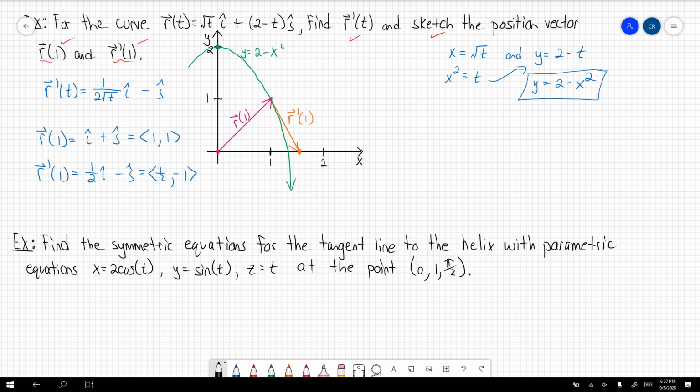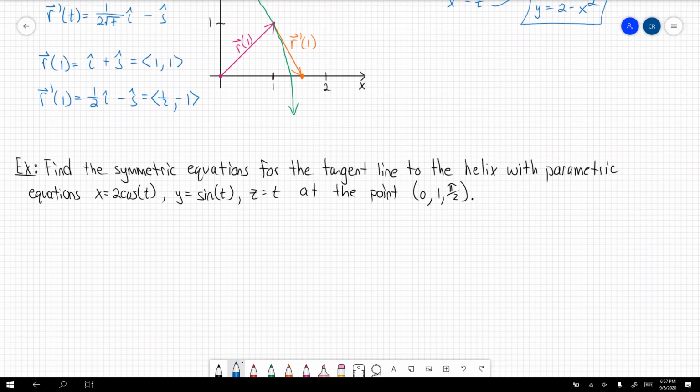Okay, so what I'm going to do really quickly is I'm going to grab my vector r of t. My vector r of t is comprised of 2 cosine of t, sine of t, and t. Take the derivative because we want the equation for the tangent line.